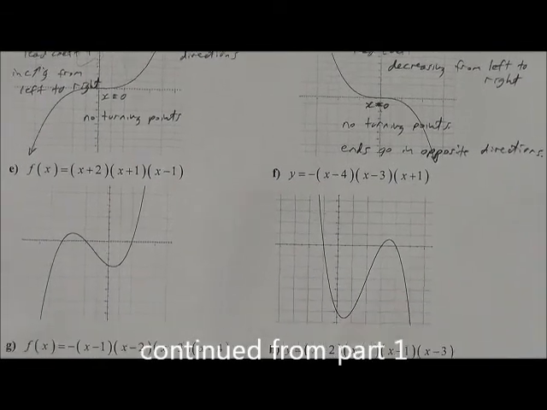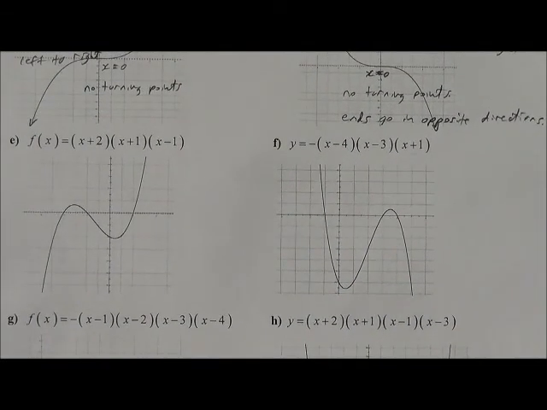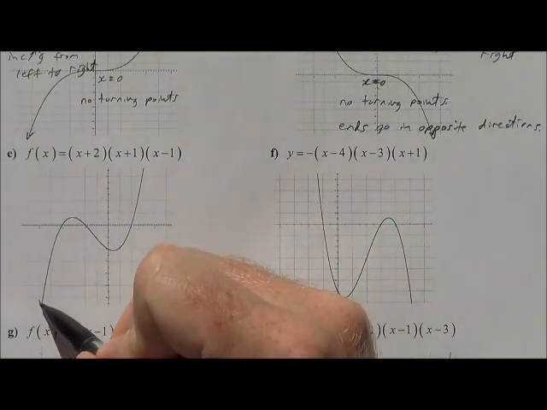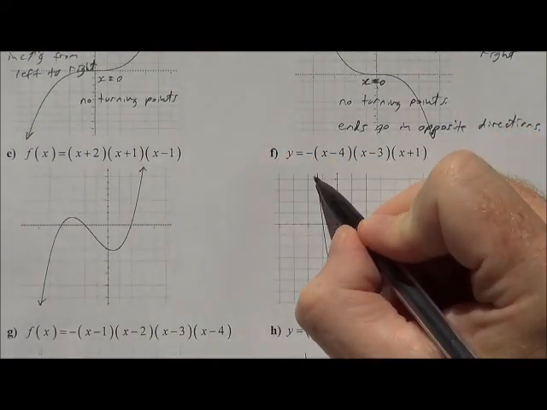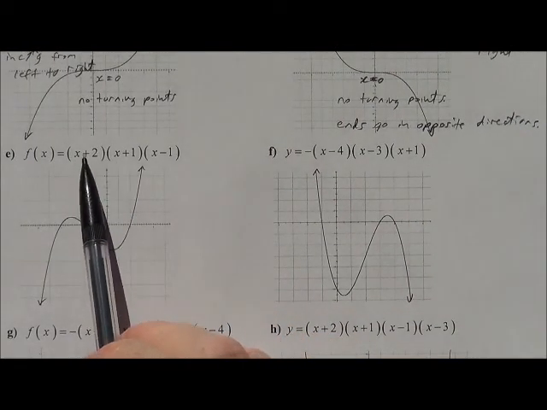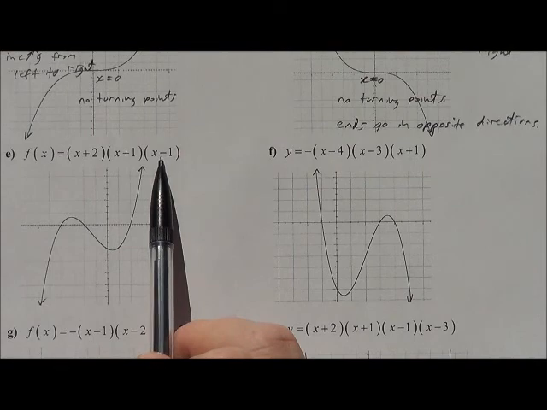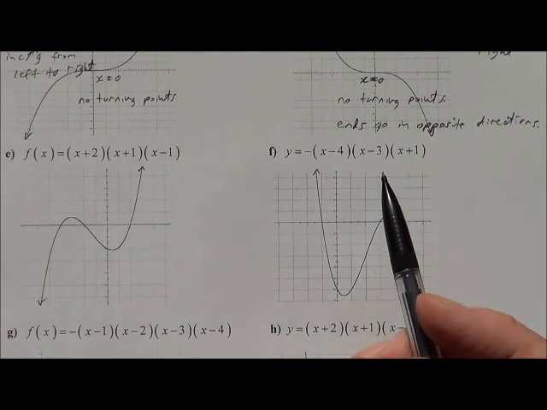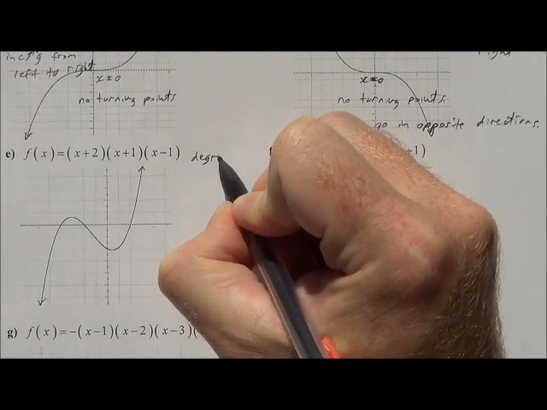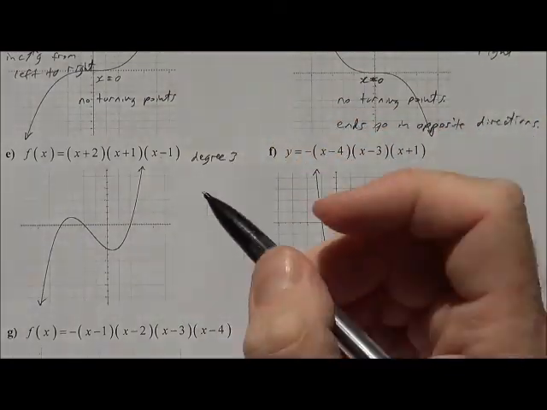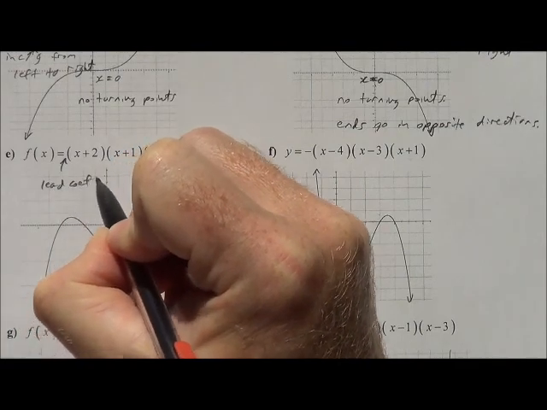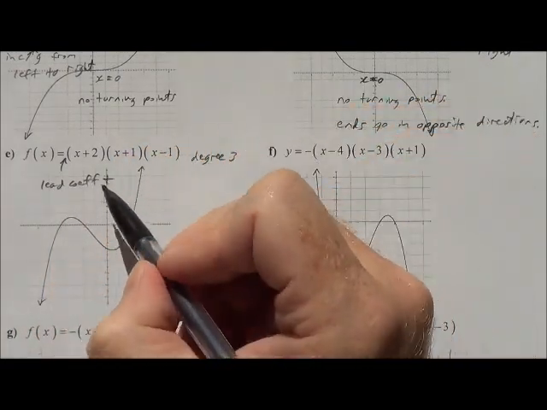We'll continue on to examples E and F. Again, sorry, I don't have the arrowheads here. Three factors, x plus 2, x plus 1, x minus 1. What's the degree? Obviously, if you were to expand it all out, you get degree of 3. Lead coefficient is positive.